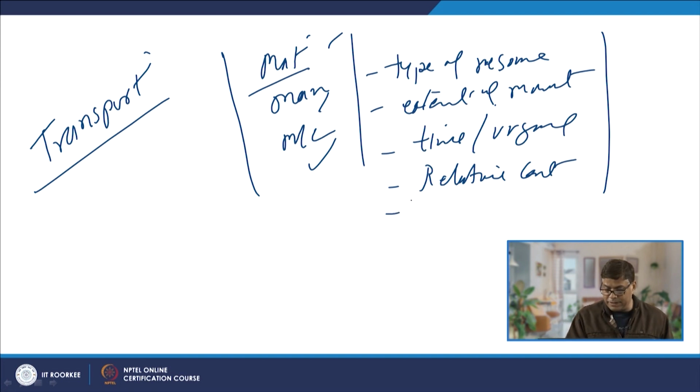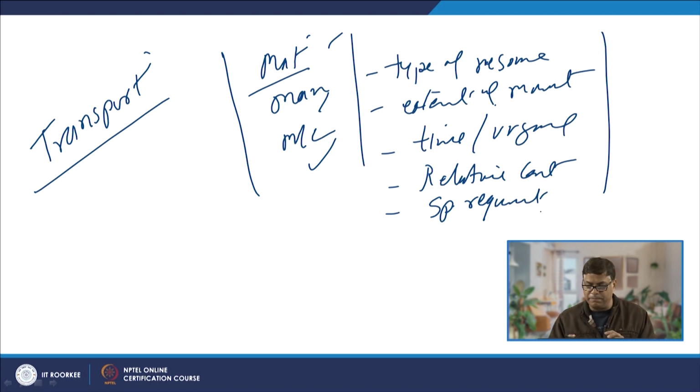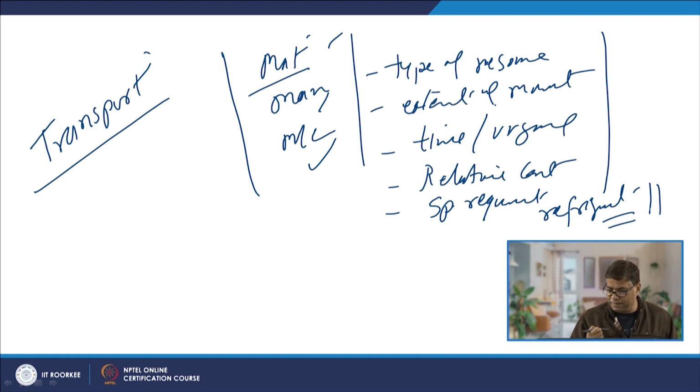And there may be a special requirement in the way it is transported, like perishable goods need a special environment like a refrigerator or chilled plants. Milk is transported in a chilled system so that the quality is maintained and there is no degradation in quality.